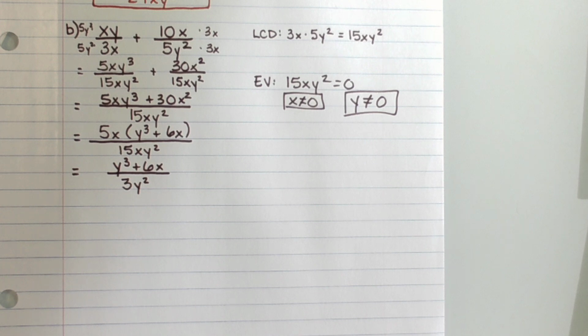Okay, I've seen a lot of people get stuck already on the first piece because they're looking at those denominators and saying, I can't divide anything out of both of them. Can you divide anything out of both 3x and 5y squared?